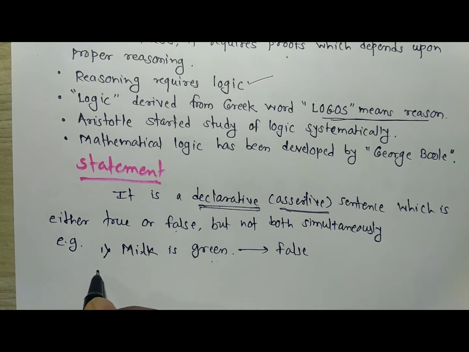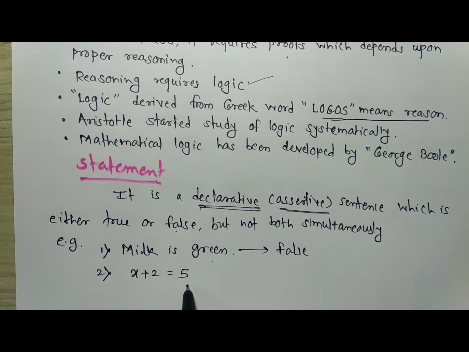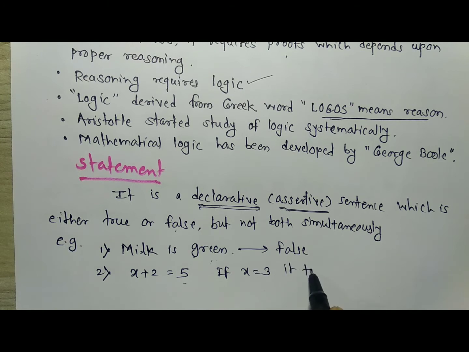For example, let us consider x plus 2 is equal to 5. This sentence becomes false as well as true. If x is equal to 3, it is true. Otherwise it is false.